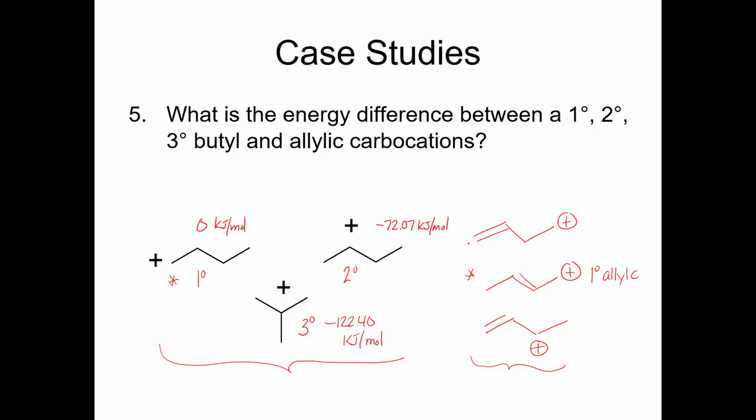Primary non-allylic, 124.94 kilojoules per mole. Primary allylic and secondary allylic were both 16.39 kilojoules per mole. Okay, so you're going to use those numbers to answer the questions on the lab report.